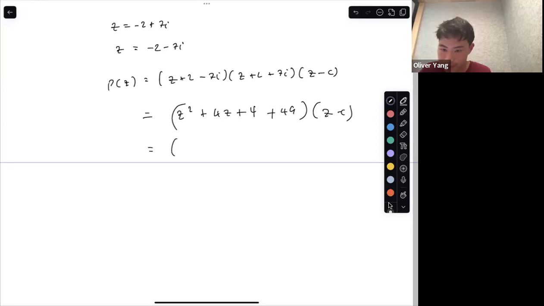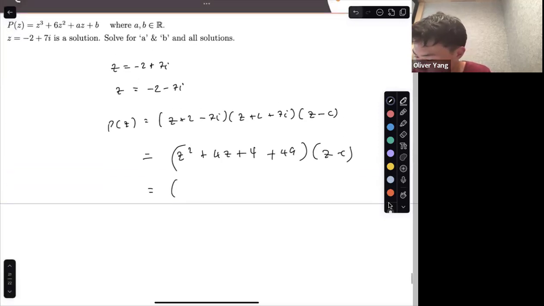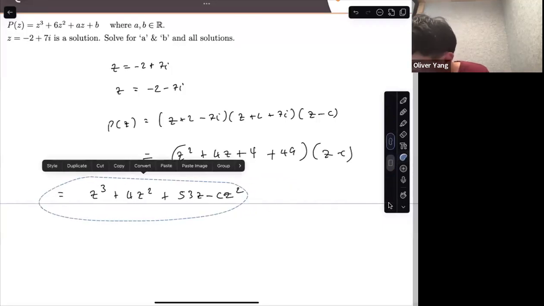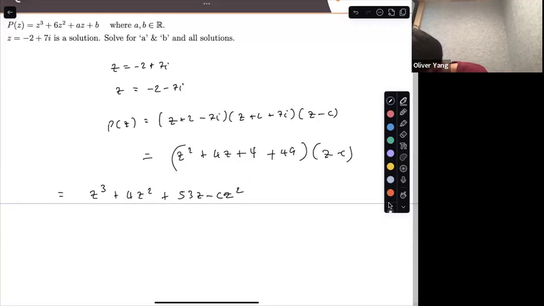And then this becomes Z cubed plus 4Z squared plus 53Z minus CZ squared, minus 4CZ, minus 53C.